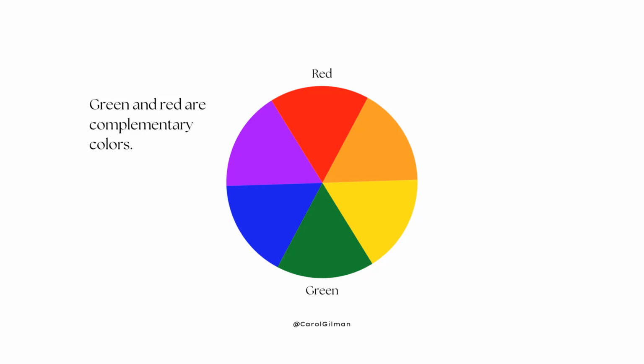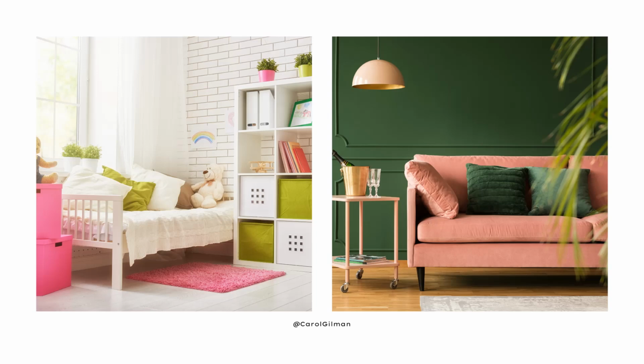But that creates a lot of contrast. If we ever want to bring some contrast into a room where we have some greens, using a complementary color, whether it's a very bright red or even a toned down red like a pink, is an interesting way to add some contrast and variety to a room.